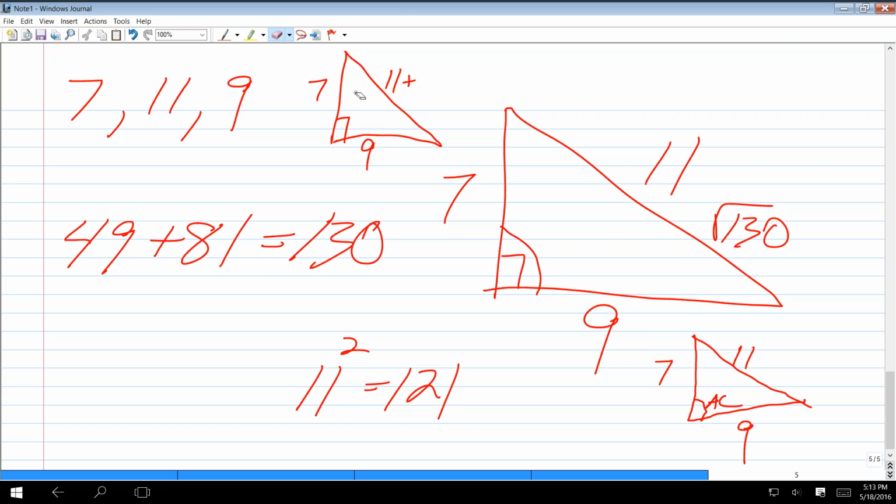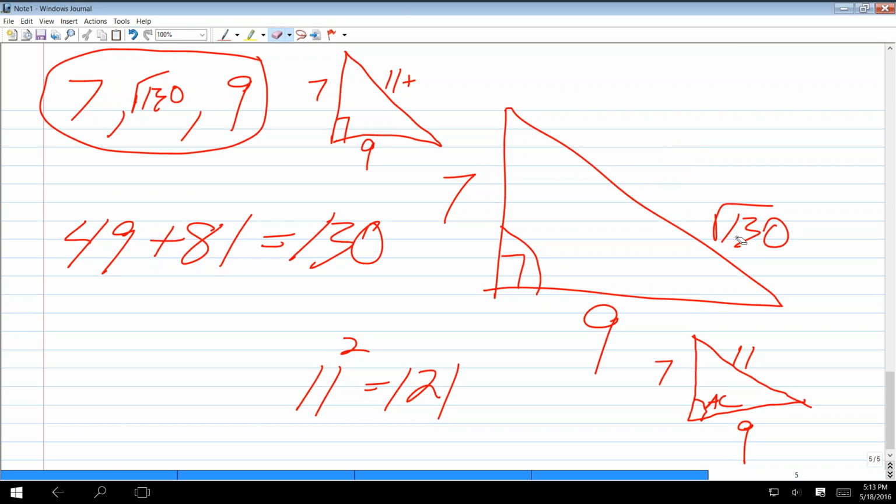First of all, look at this picture here. If they gave you 7, 9, square root of 130. Let's replace that 11 with square root of 130. That is a right triangle, correct? Yeah. Okay.